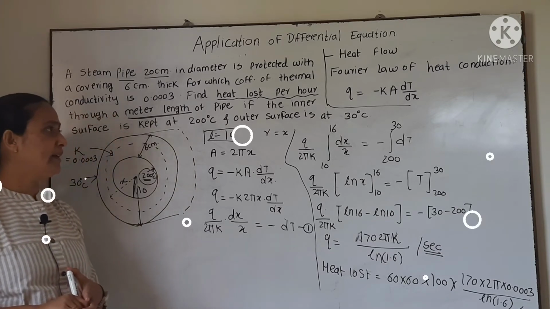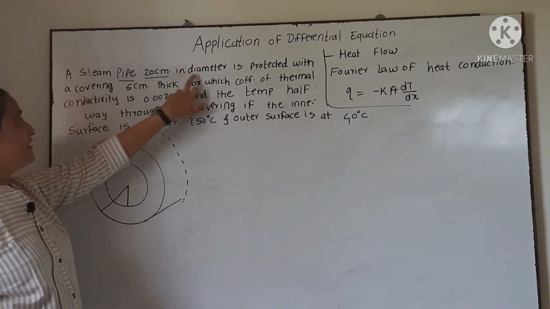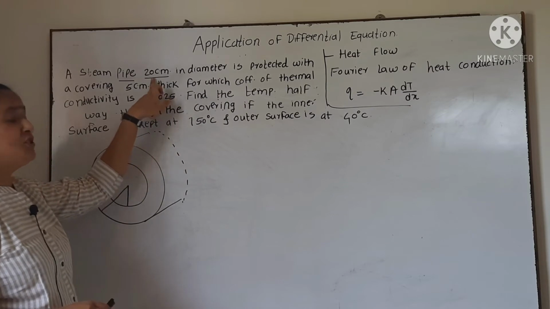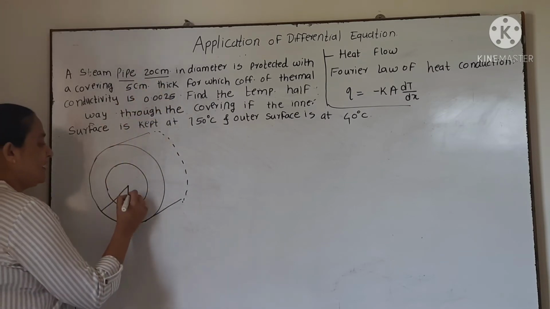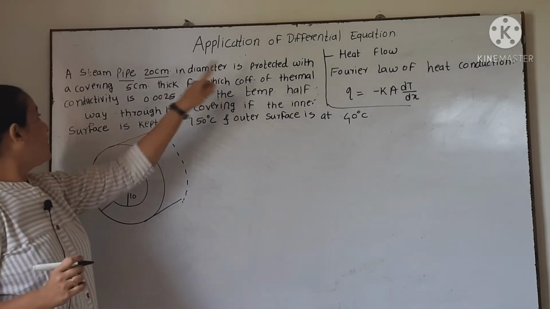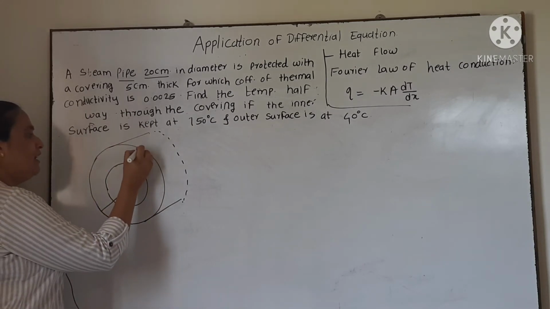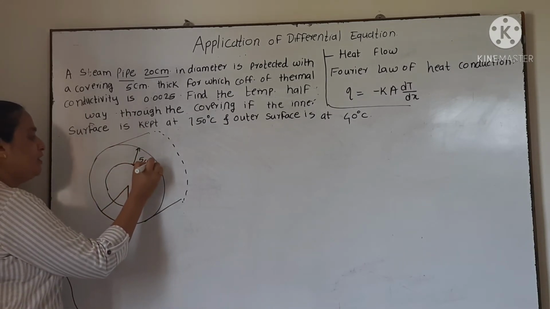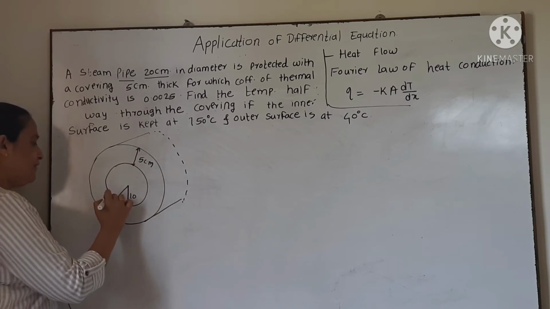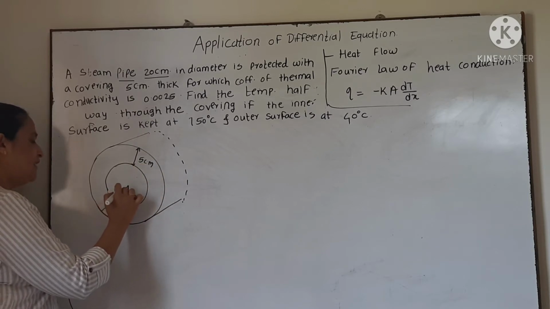We will take one more example. Say a steam pipe 20 centimeter in diameter. Diameter is 20 centimeter, that means the radius is 10. It is protected with a covering 5 centimeter thick. That means this covering is 5 centimeter thick, so the outer surface is at a distance 15 centimeter.